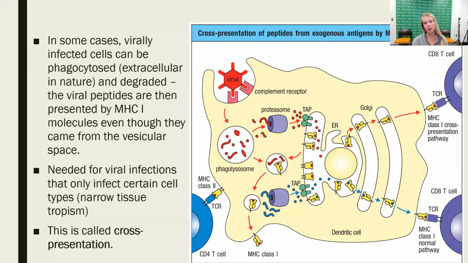So even though the virus was picked up through an extracellular pathway, it doesn't change that the intracellular pathogen, the virus, is loaded onto an MHC class 1 molecule. So cross-presentation is another way that antigen-presenting cells can be used to engage CD8 positive cells.